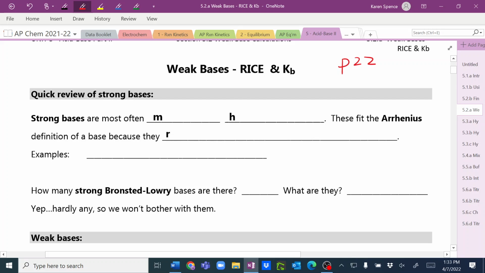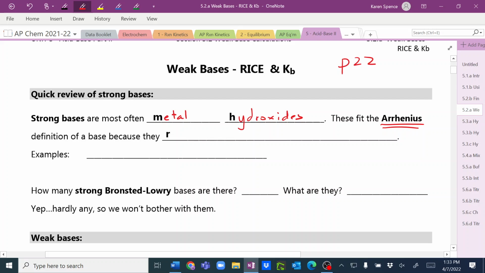Strong bases are most often what? We just did this. Something that starts with M and then something that starts with H. Something hydroxides. Metal, yes. They are most often metal hydroxides. These fit the Arrhenius definition of a base.